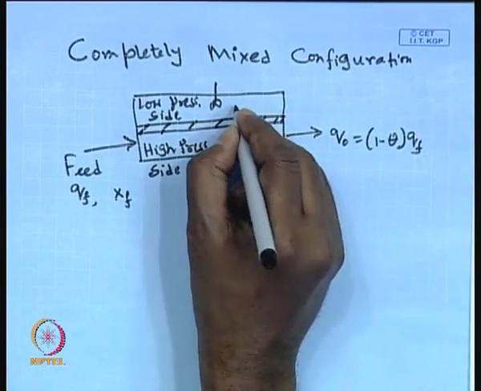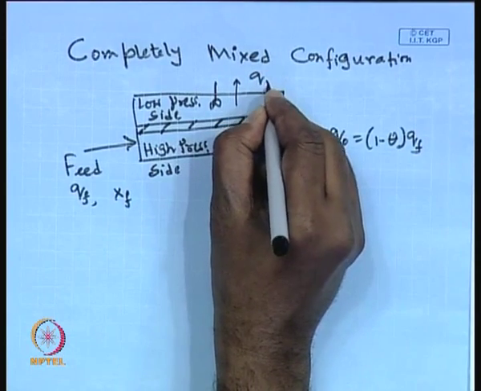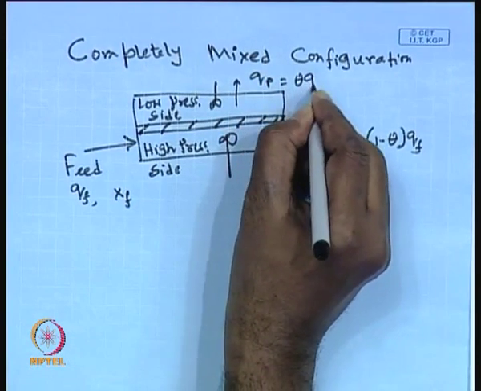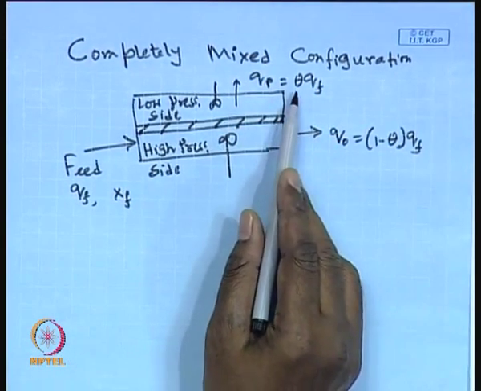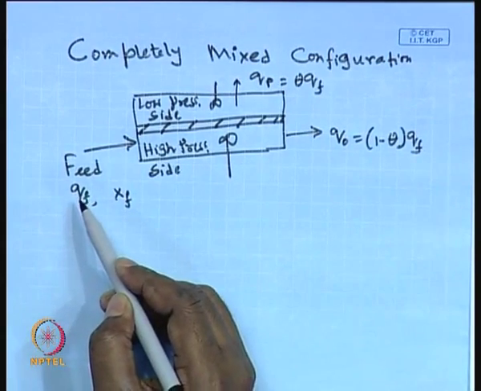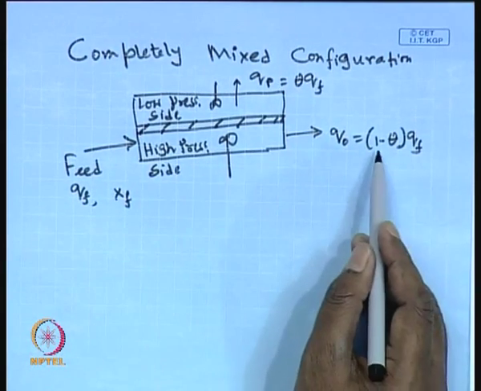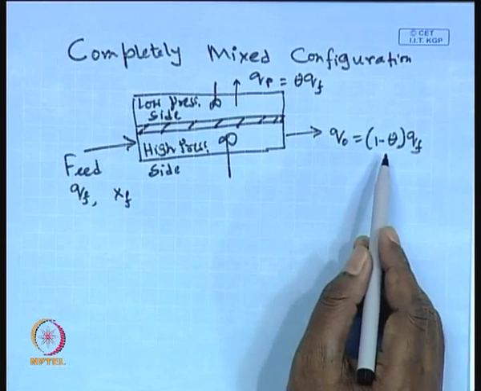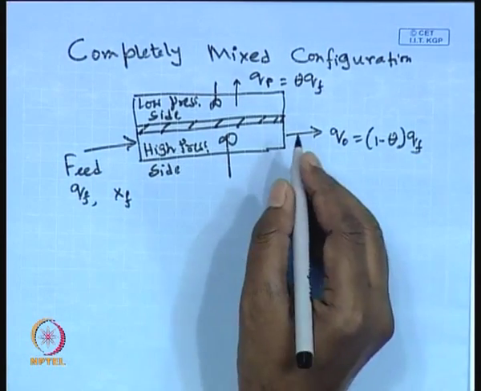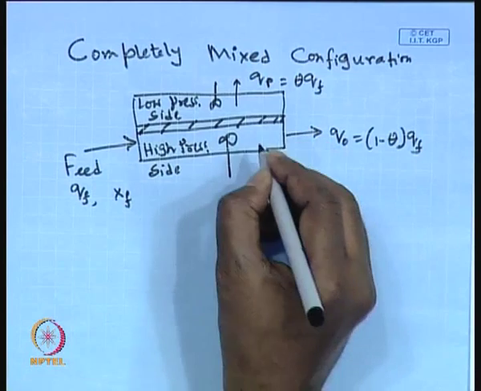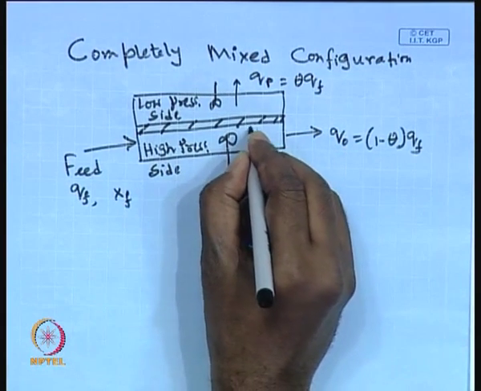So, the permeate stream will have Qp equal to theta times QF. So, 1 minus theta of QF will be coming out as Q naught, and the pressure in the feed side is assumed to be constant.